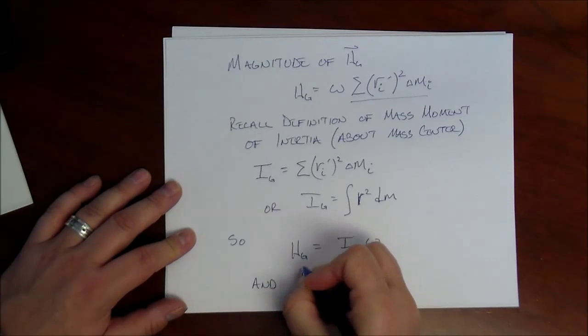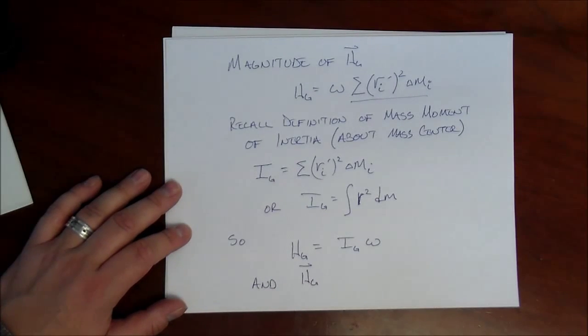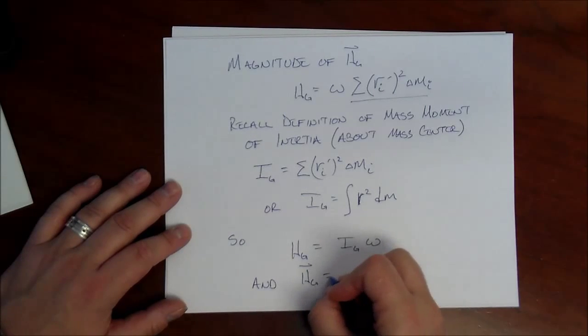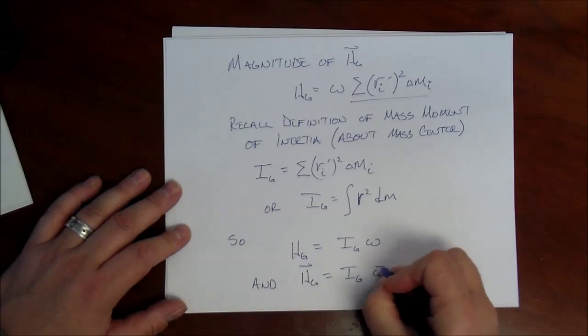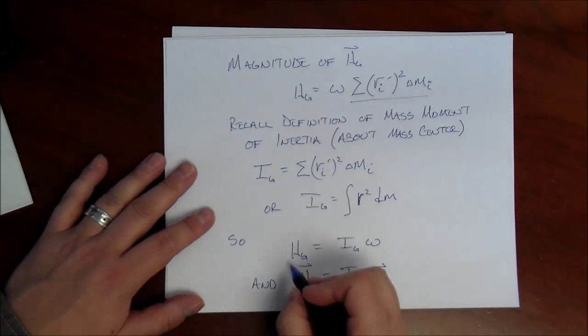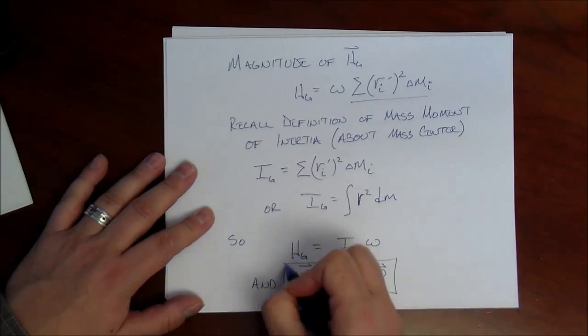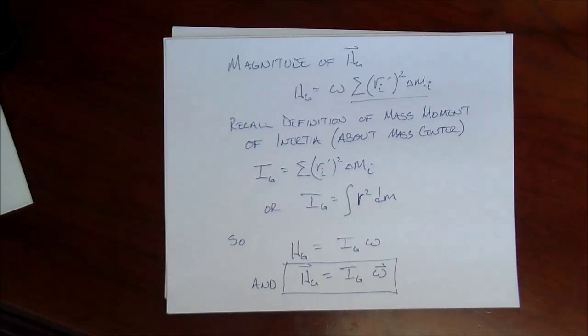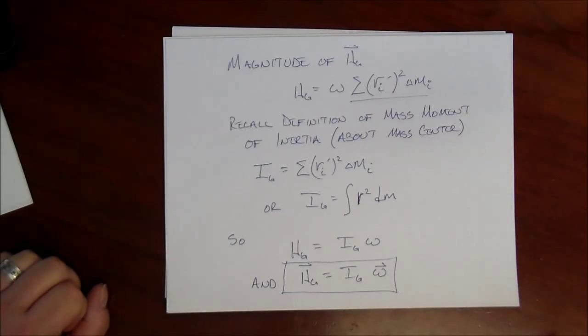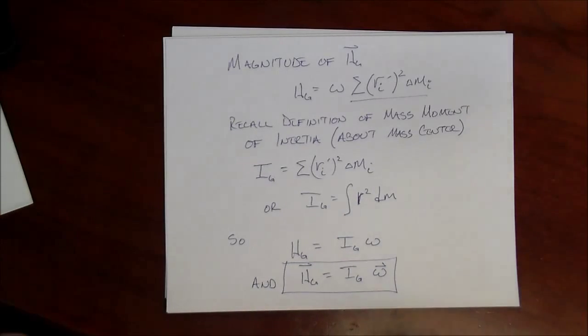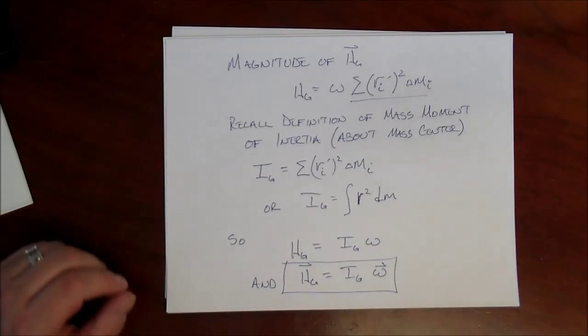We can also say that the vector angular momentum about the mass center is equal to the mass moment of inertia about the mass center times the vector omega, since they're in the same direction. So that's a very important equation when it comes to the kinetics of rigid bodies in plane motion. And all of what we'll be doing for the remainder of this course will be plane motion of rigid bodies.